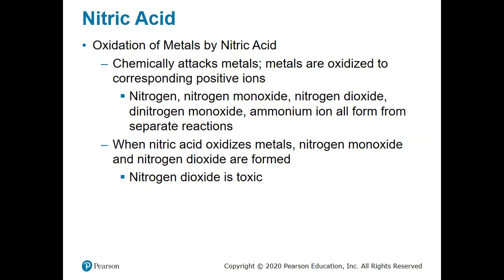And again, when we see nitric acid coming into contact with metals, our primary products are nitrogen monoxide and nitrogen dioxide. Of the two, nitrogen dioxide is the more dangerous one.